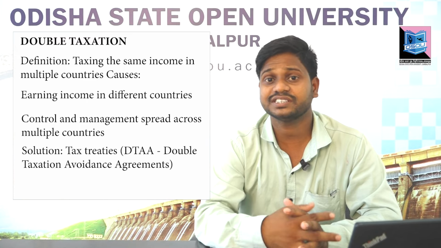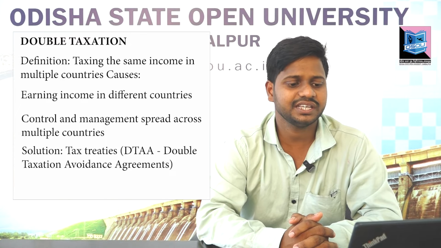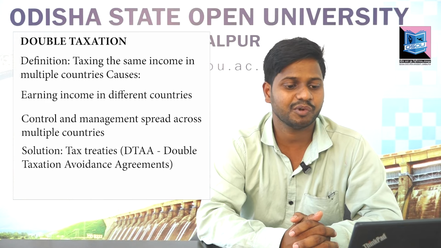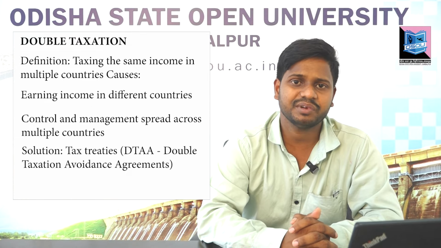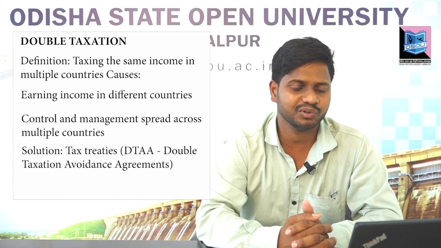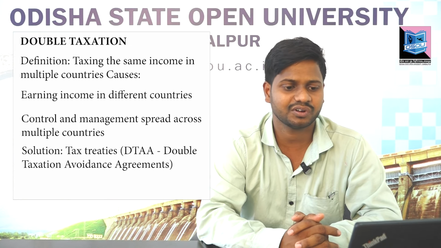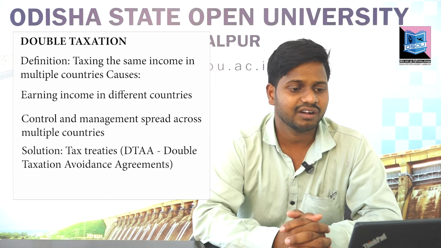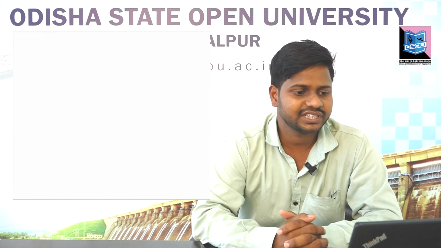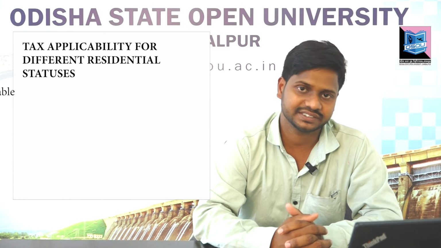To avoid this double taxation, the government makes a DTAA, that means Double Taxation Avoidance Agreement. This agreement has been made by India with Australia, UK, USA, Singapore and other countries. Now I am going to discuss the tax applicability for companies of different residential status.